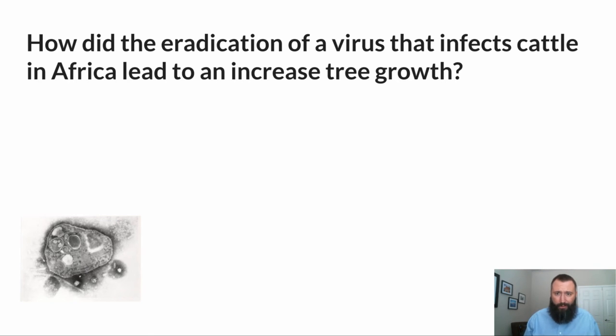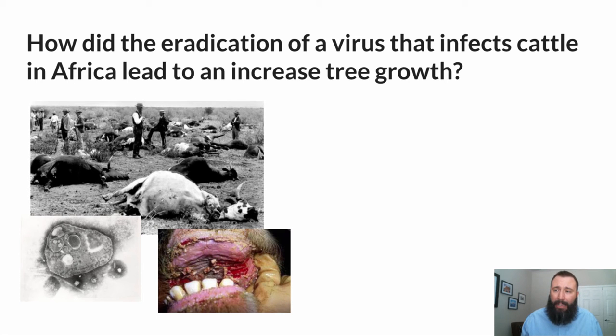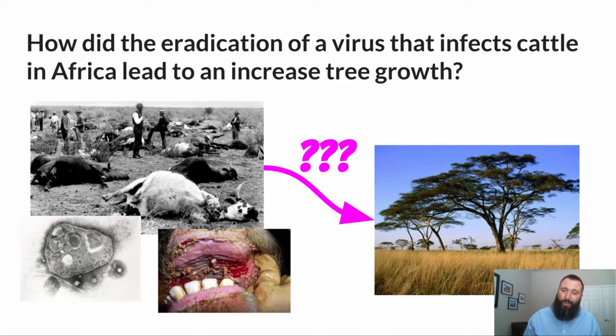And think to yourself about this question: how did the eradication of a virus that infects cattle in Africa lead to an increase in tree growth? So how are these two connected? You're going to learn a little bit about that through the case study.